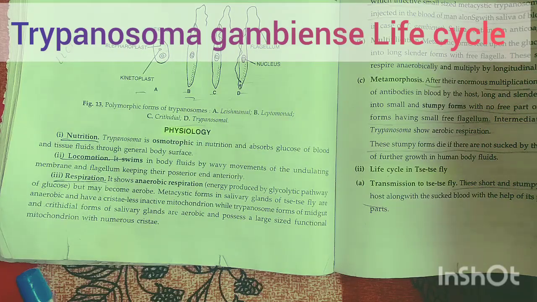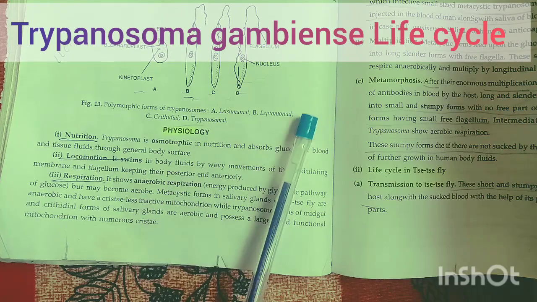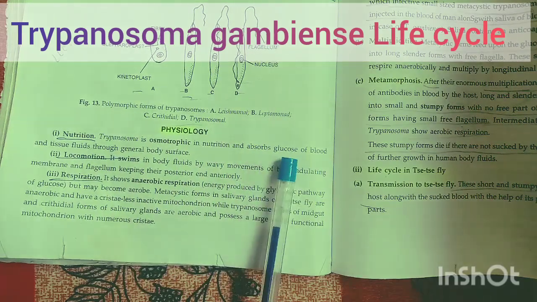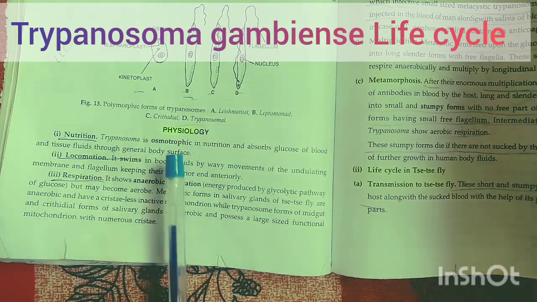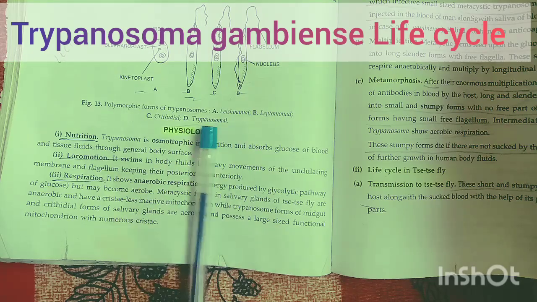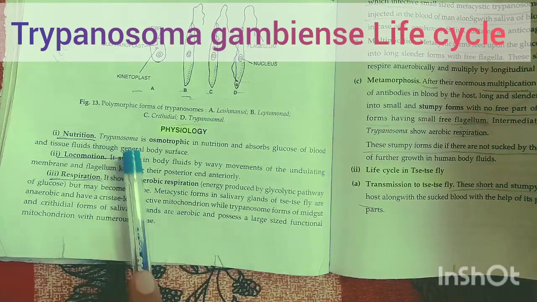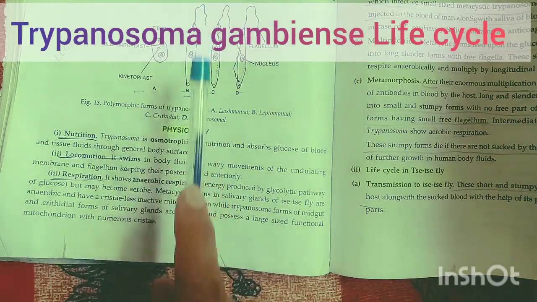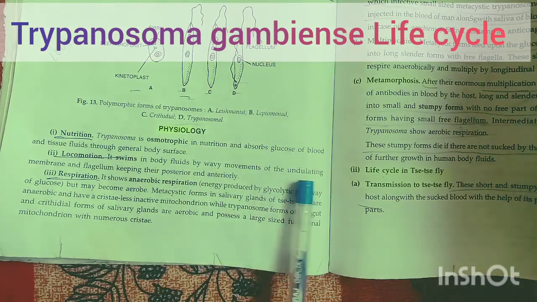Next we have physiology. In physiology, we will see nutrition, locomotion, respiration, and reproduction. Nutrition is osmotrophic, absorbing glucose of blood and tissue fluids through the general body surface. Locomotion: it shows a swimming nature in the body fluids by wavy movements.